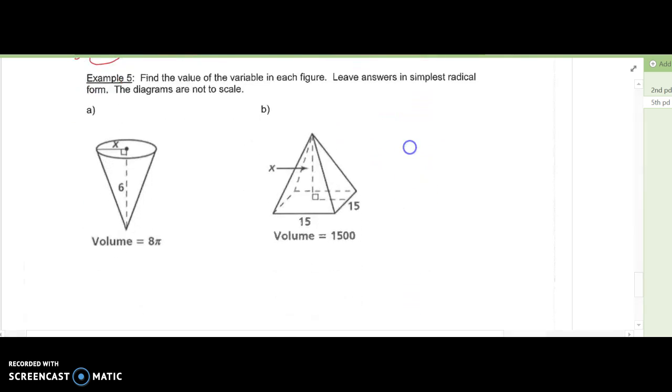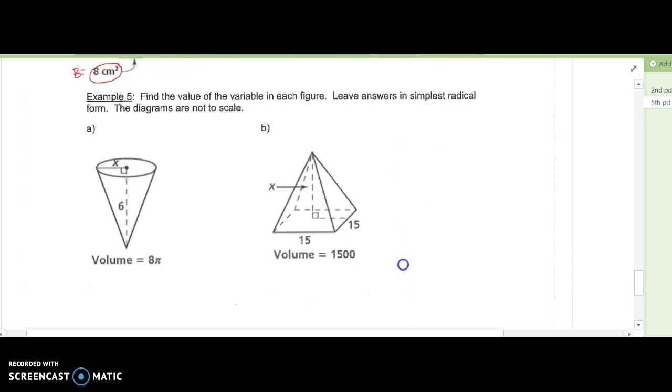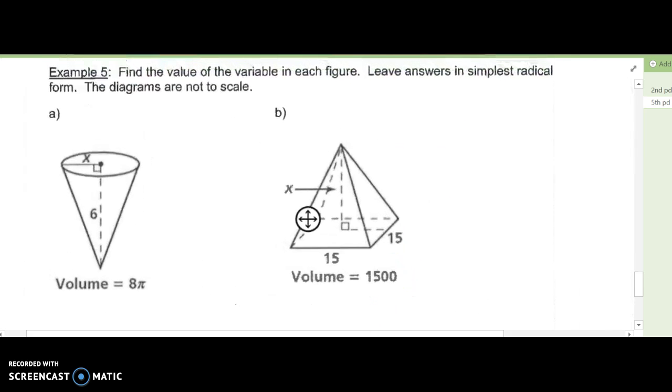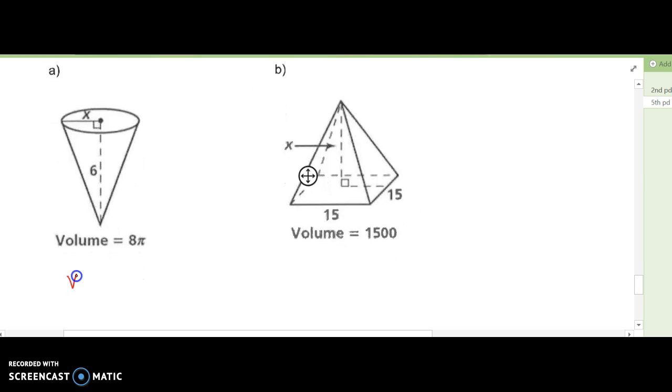So the last example we have, I believe, is find the value of the variable in each figure. Leave your answer in simplest radical form. The diagrams are not to scale. Okay, so here we go. Volume is 1/3 area of the base times height. Since our base is a circle, I'm going to plug in for this B, pi r squared times height.